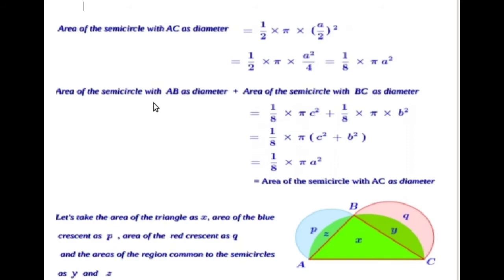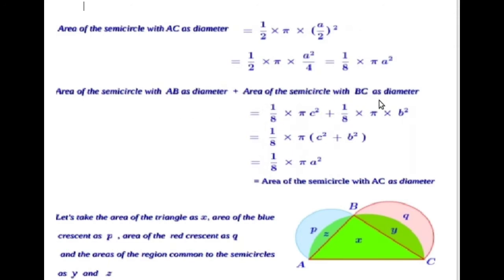Now we are going to add the area of the semicircle with AB as diameter and the area of the semicircle with BC as diameter. For the first, we have 1 by 8 pi c square as the area of the semicircle with AB as diameter.